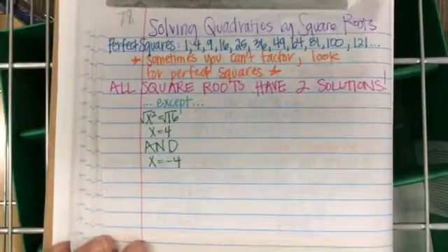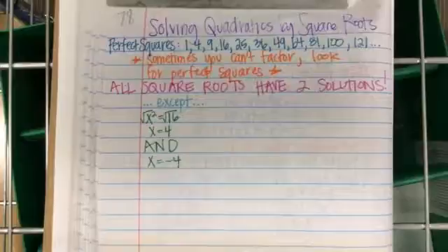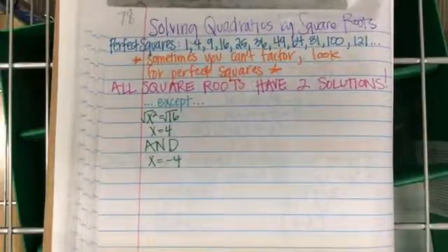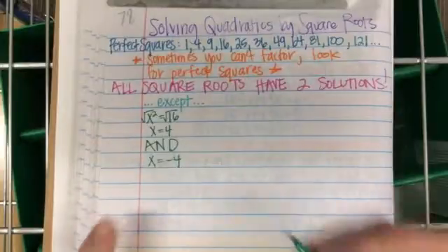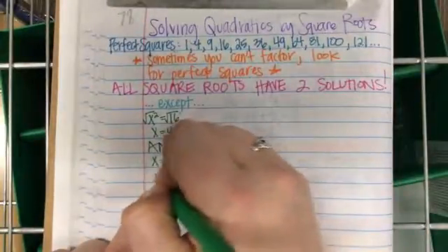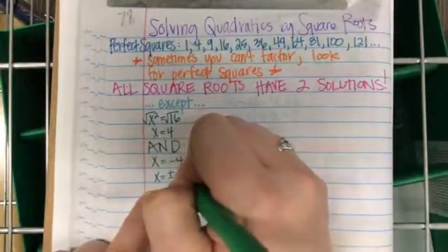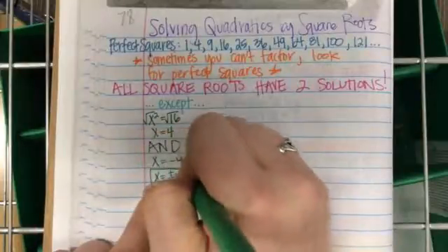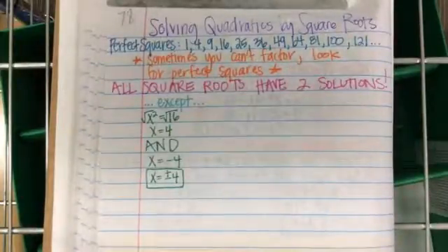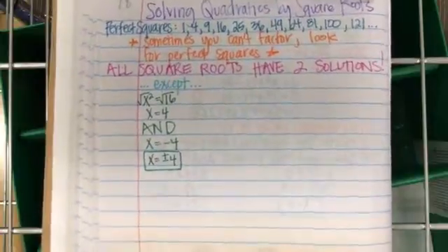Every square root is going to have a positive and a negative value because 4 times 4 is 16 and negative 4 times negative 4 is 16. So we write it sometimes like this, as a shortcut. Or you could write 4 and negative 4.